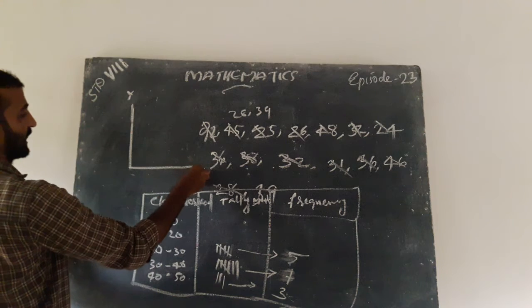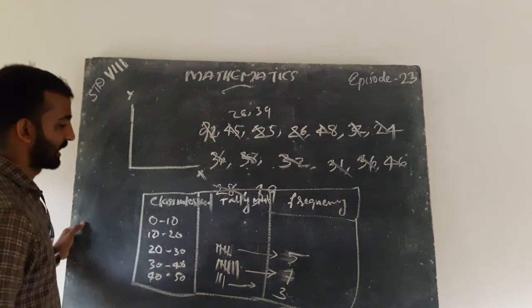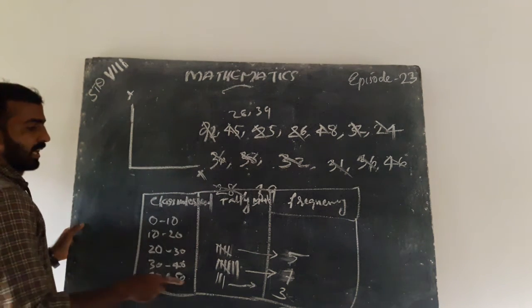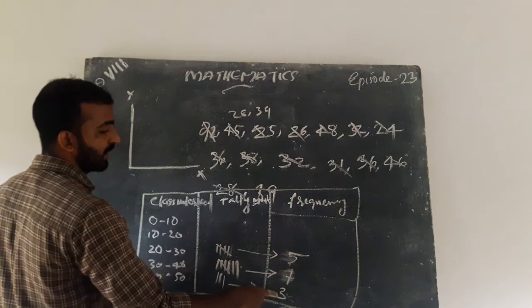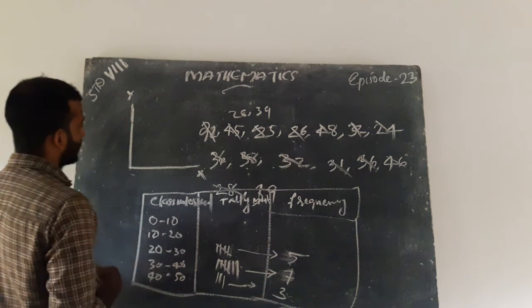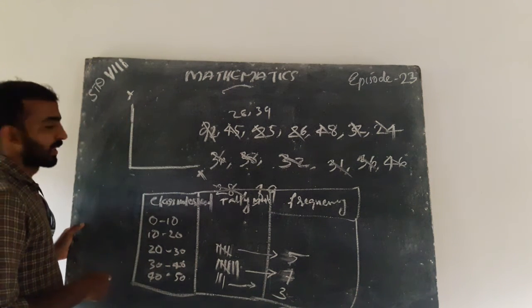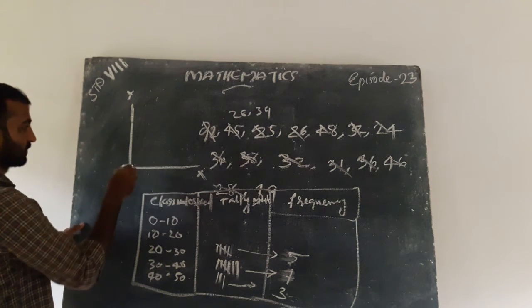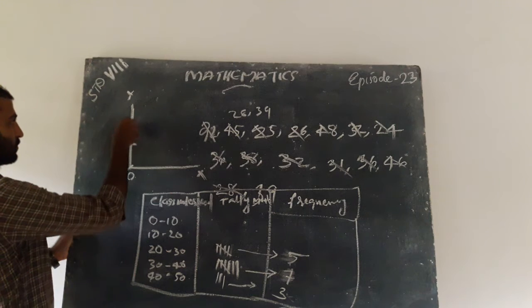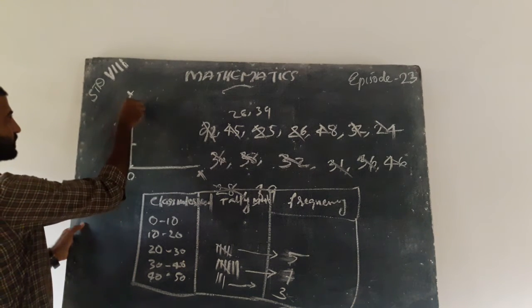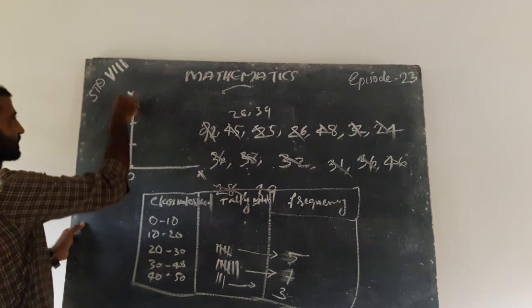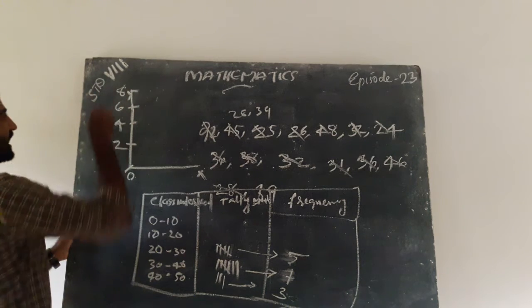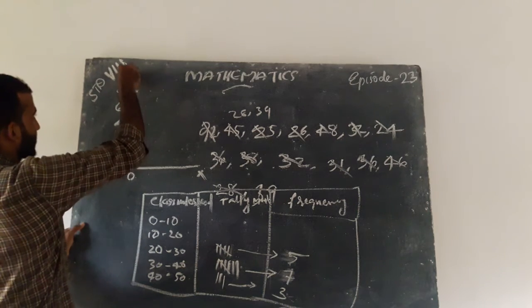This is x. Here are 5, 7, 3. On the y axis we take 0, 2, 4, 6, 8.